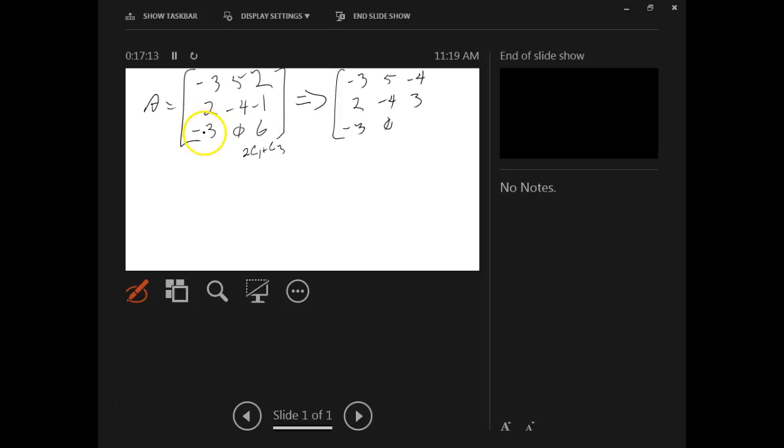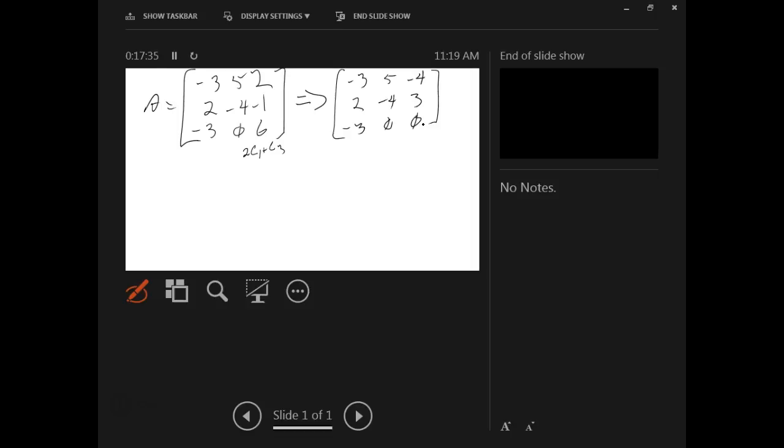And 2 times negative 3 is negative 6 plus 6 is 0. So just that one elementary column operation, and we've got the matrix with a single entry.